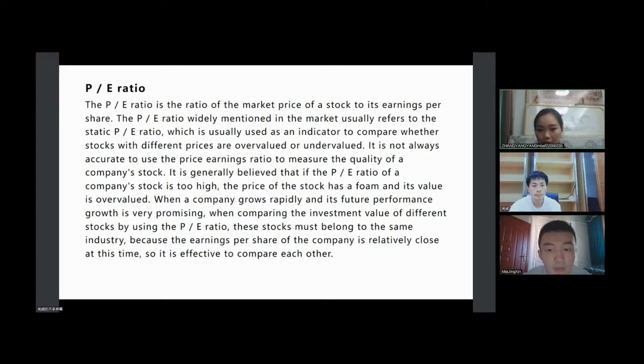When comparing the investment value of different stocks by using the P/E ratio, these stocks must belong to the same industry, because the earnings per share of the observed companies are relatively close, so it's effective to compare them with each other.